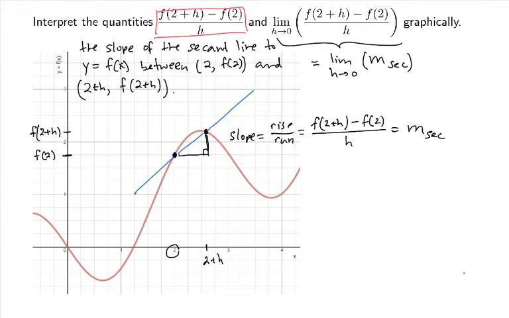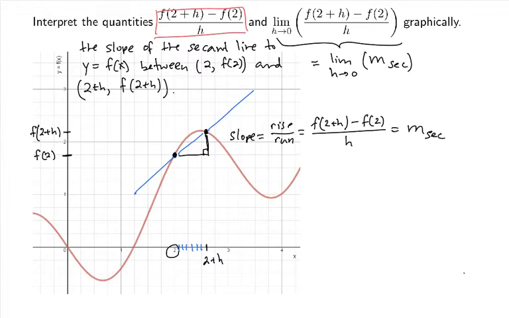If we look at that graph and think about what it means for h to get small, well, remember that h is just the distance between our x values. So what does it mean for h to get small? It just means that the difference between our x values is getting small. So that just amounts to taking smaller and smaller h's until we get right up close to where the x value of 2 is.